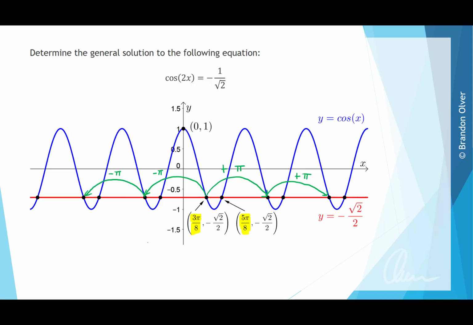So this is where we added on k times pi to represent that there's lots and lots of values of x that give -1 on root 2.